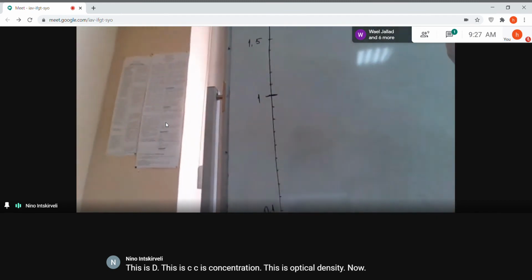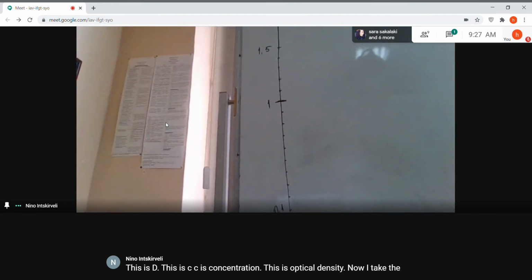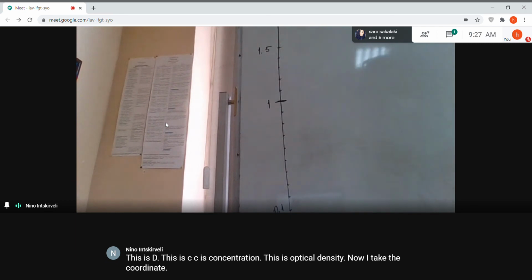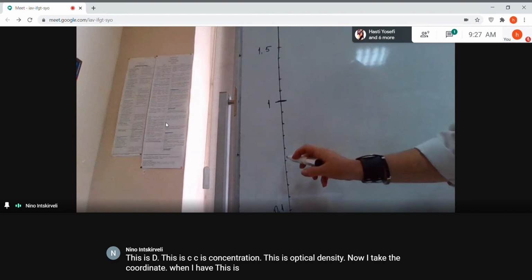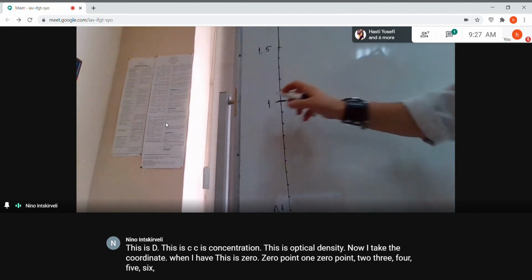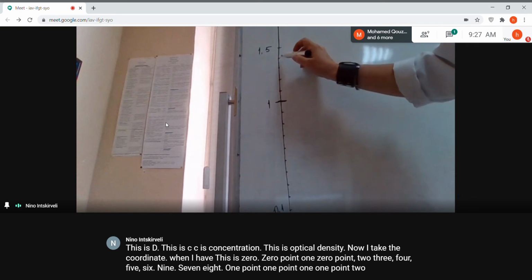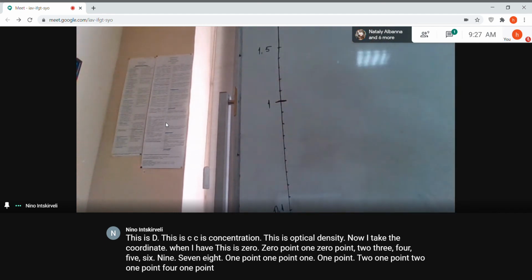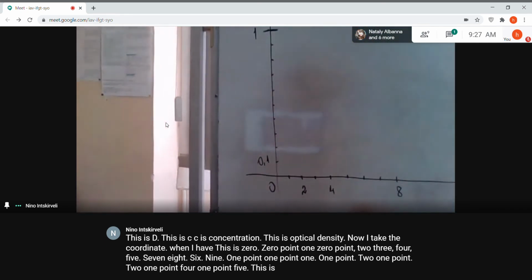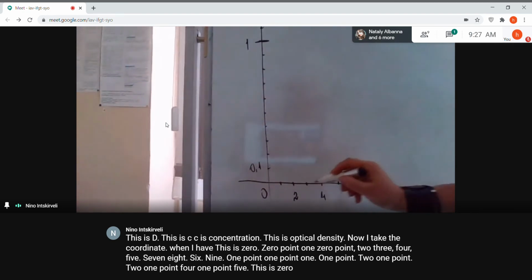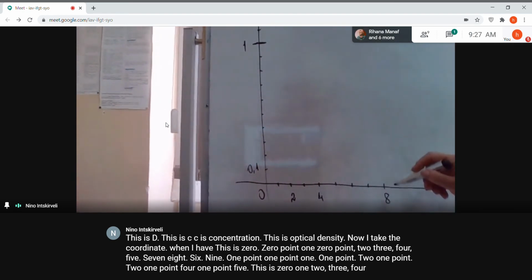Now I take the coordinates. On the D axis, 0, 0.1, 0.2, up to 1.5. On the C axis, 0, 1, 2, 3, 4, 5, 6, 7, 8.